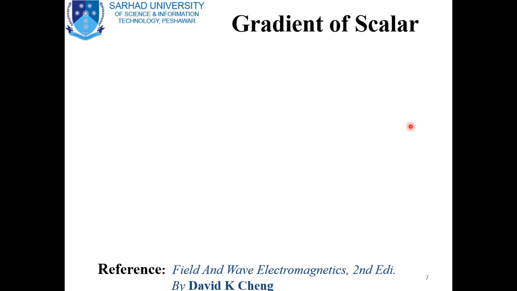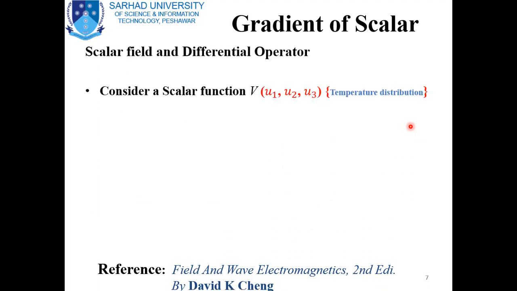And for this we consider that this field is represented by a letter V, which is a scalar function, and this scalar function depends upon the coordinates of space. So we take generalized coordinates u1, u2 and u3.